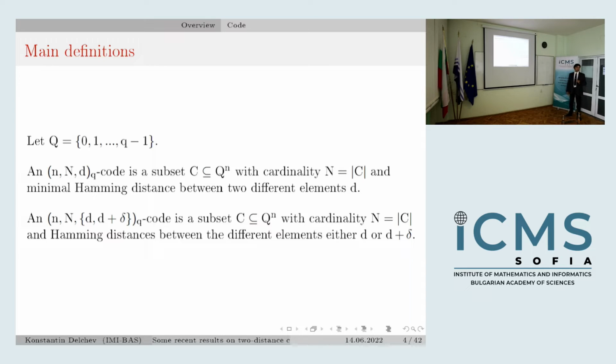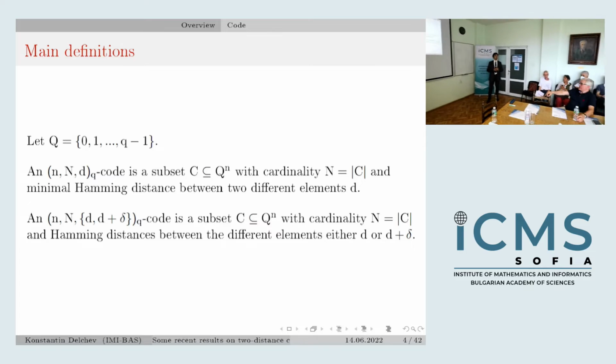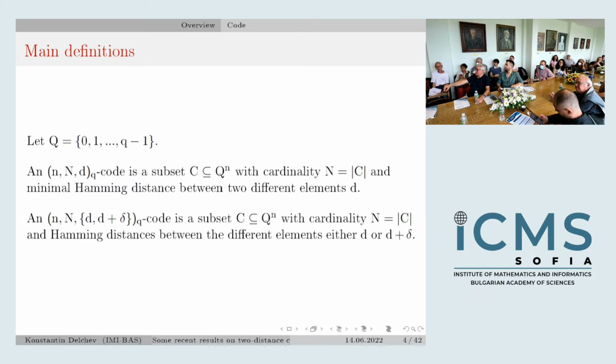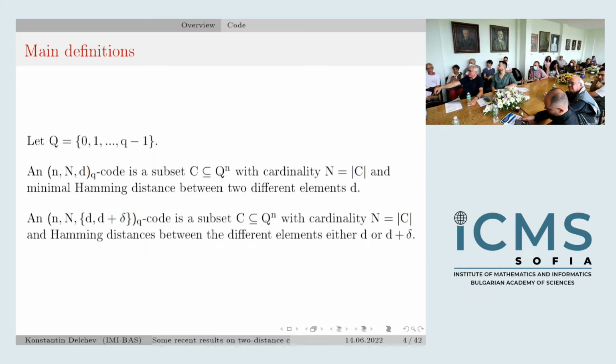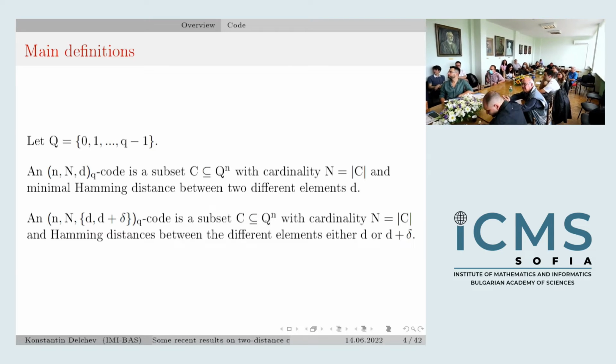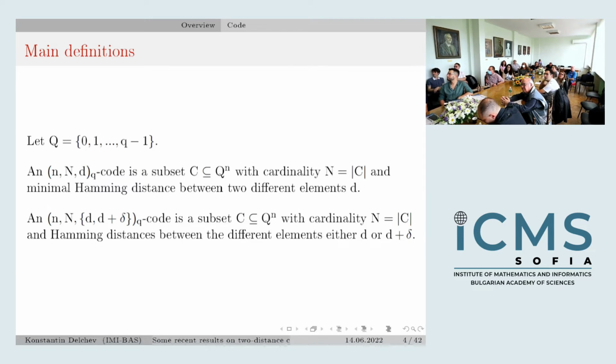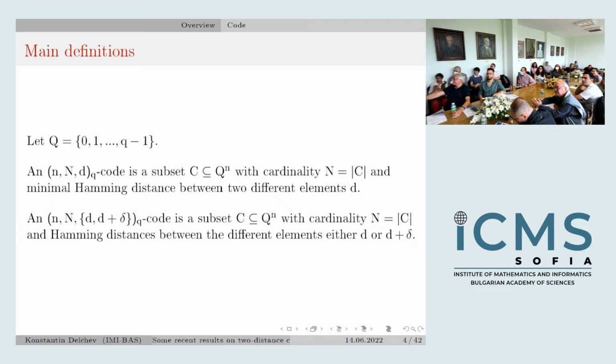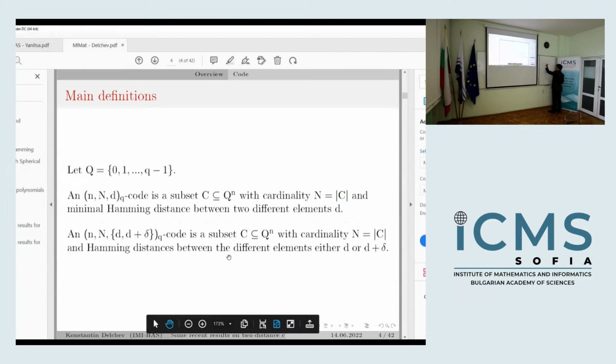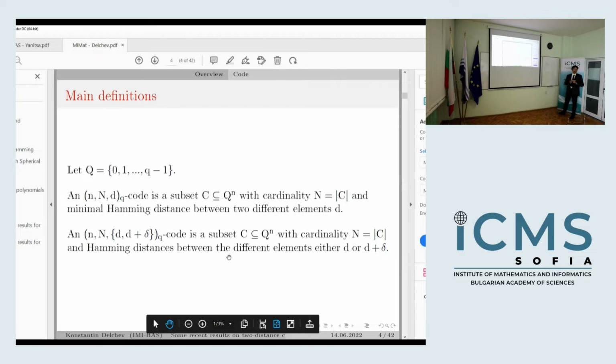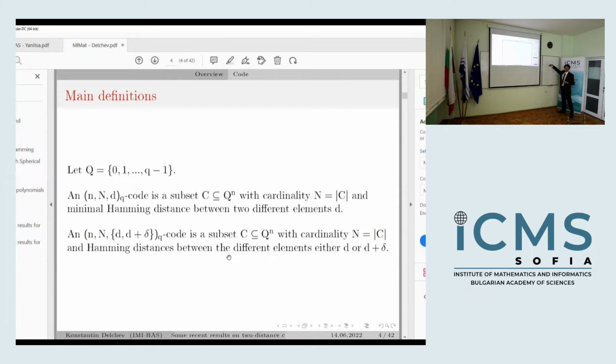Hamming distance is the number of positions in which two elements of the code, or codewords, differ. So basically, this has Hamming distance two. These two positions do not agree with each other.